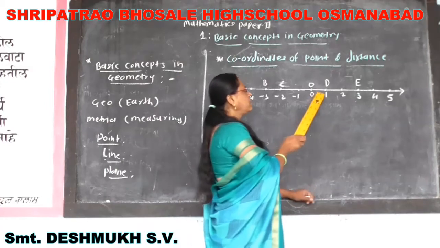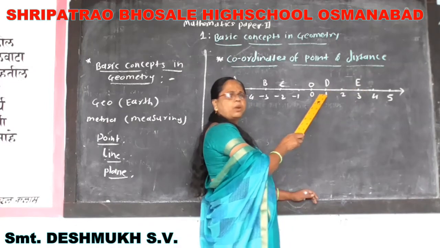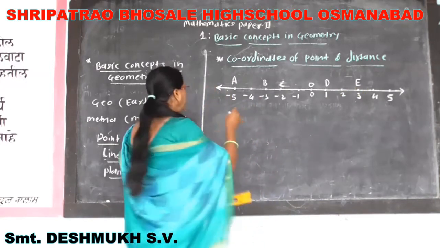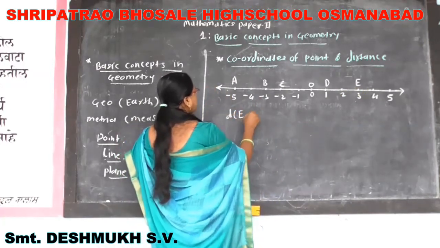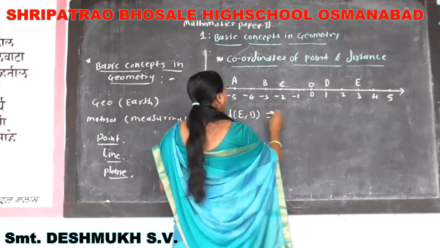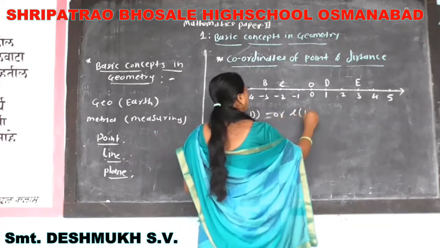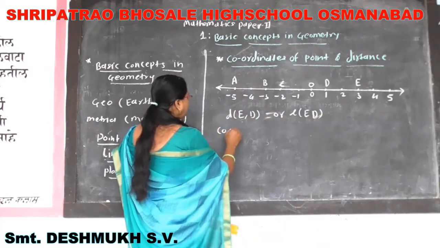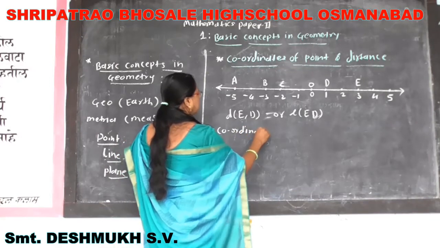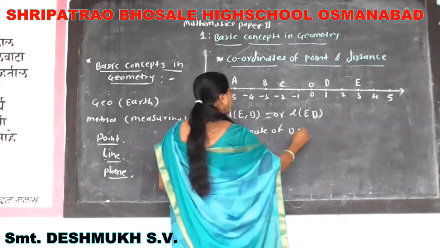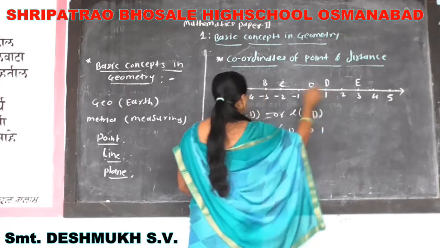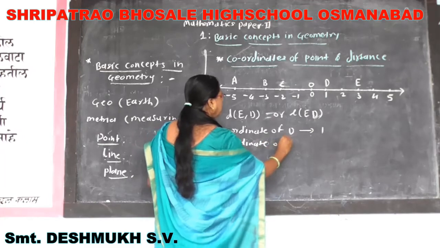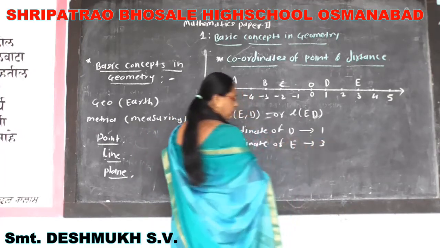Now we find the distance from E to D, or distance DE. The distance from E to D is denoted by distance ED or length ED. The coordinate of D is 1 on the number line. The coordinate of E is 3.